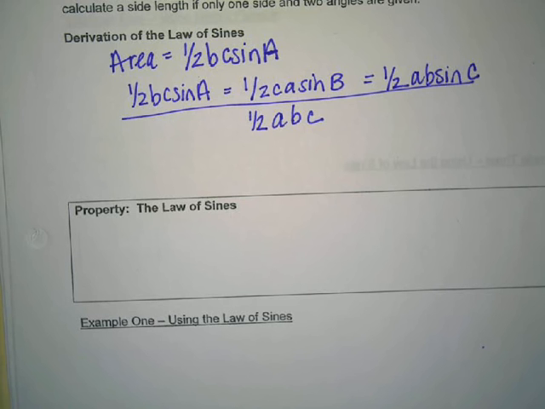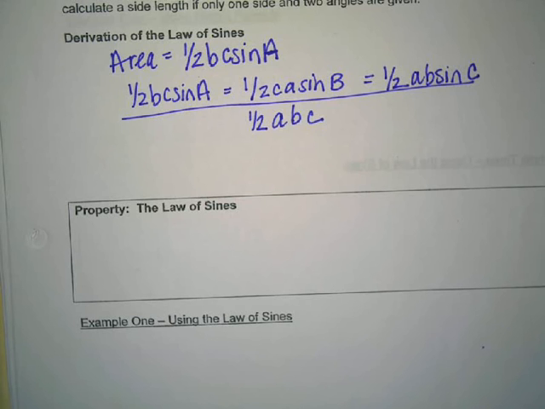The whole point is to show where it comes from, just like when we did the law of cosines, we used the distance formula. You're not actually going to be using this in a problem. Since all of those are equal to each other, you're just pulling out a greatest common factor.